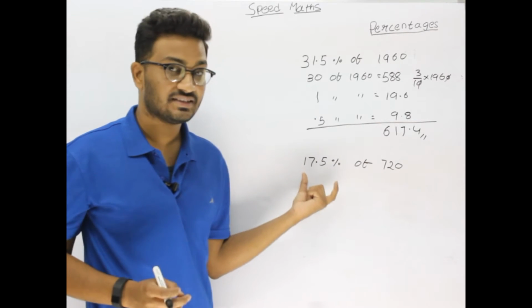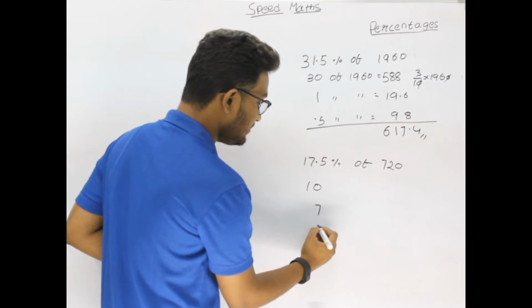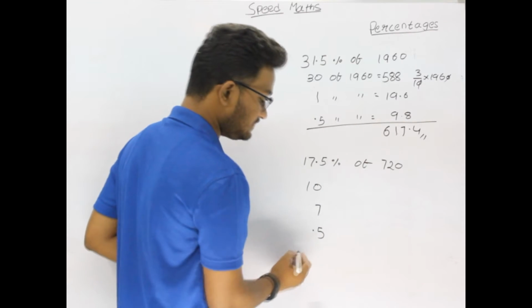Now we have to split this 17.5 as 10% plus 7% plus 0.5%.